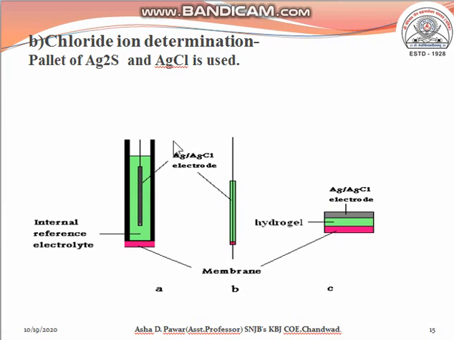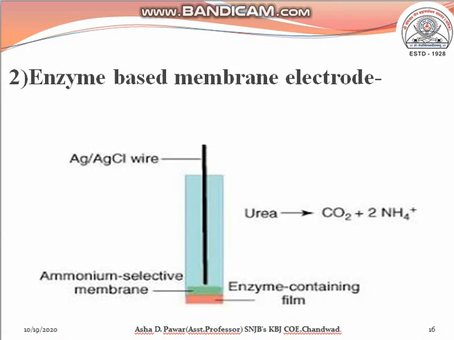So the fluoride ion electrode uses lanthanum trifluoride along with europium fluoride, LaF3 plus EuF2, and in the chloride ion electrode, the membrane is made from Ag2S, silver sulfide, plus silver chloride. The next type of electrode in the syllabus is the enzyme based membrane electrode.